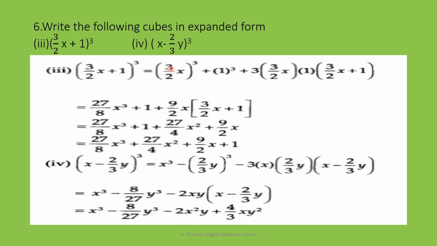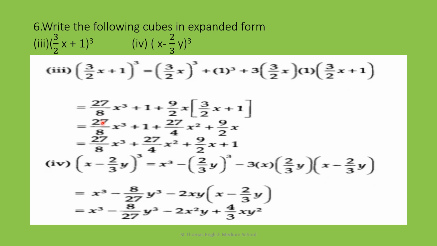Now (3 by 2) whole cube is 27 upon 8 x cube + 1 cube is 1 + 9 upon 2x multiplied by (3 by 2x + 1).